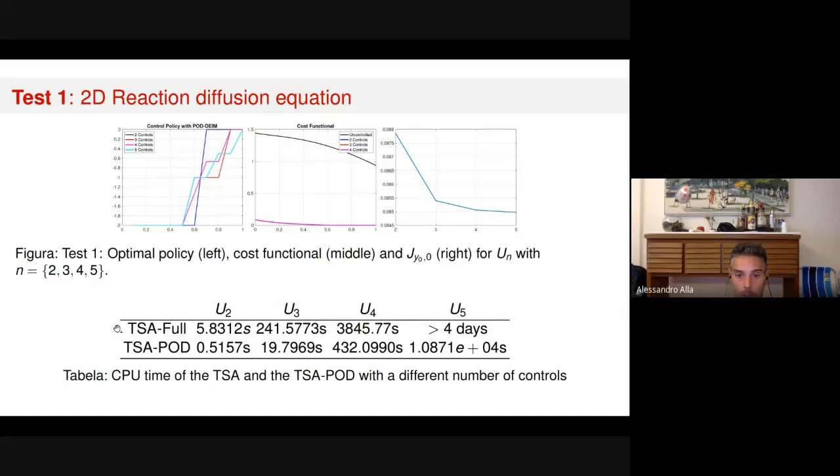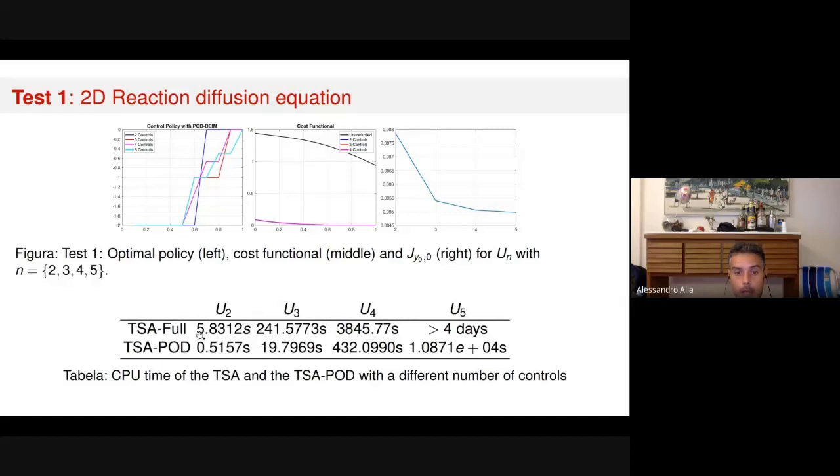So if we don't use model order reduction, you see how the time is increasing. What is very interesting in my opinion is that to get model order reduction, we need a full tree. So for instance, we compute the snapshots with 2 controls, and then we compute the value function with 3 controls.